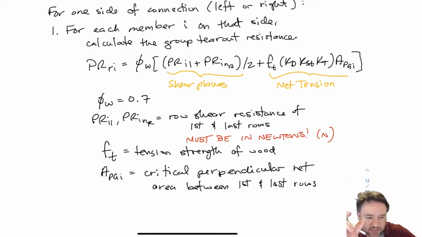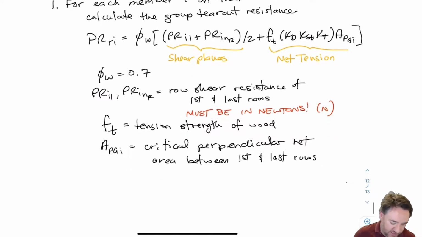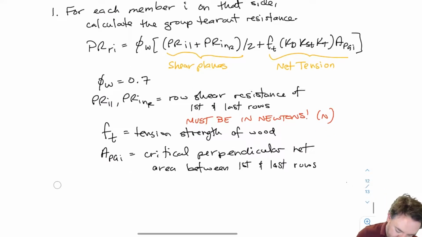So it's basically the area between the bolt holes, between those first and last rows. Okay, so then that gives me PRRI, the row shear resistance for member I. And then if I have multiple members on that side of the connection, like if I have a 3-member connection, then I have to add them all up. If I don't, then the addition is trivially easy because I just add one element.